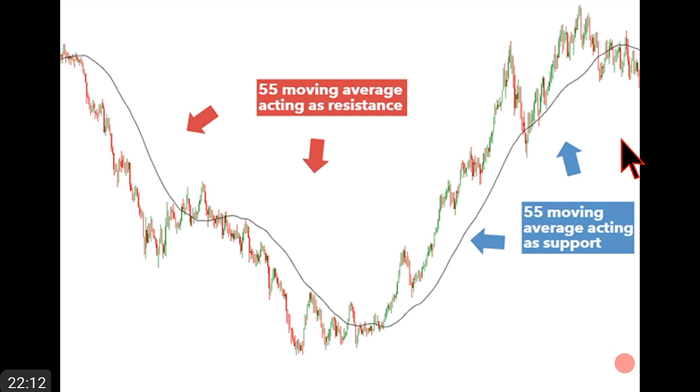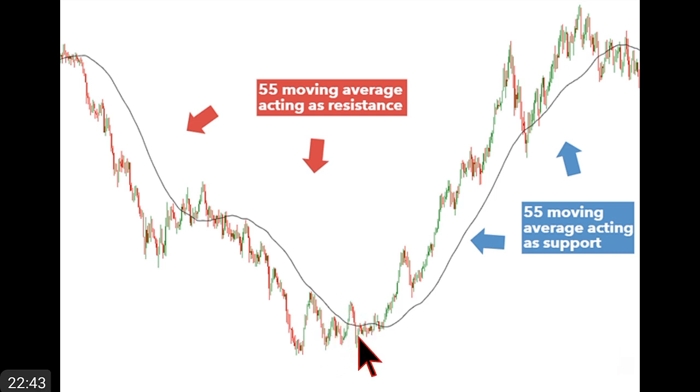So it's acting as a connector, a resistance, where when the price approaches it, it goes downward. You can see it tries to break out, but got rejected, goes downward. You can see it tried to approach it, it went downward. And then this is a breakout from here, and from here it's now acting as a support.